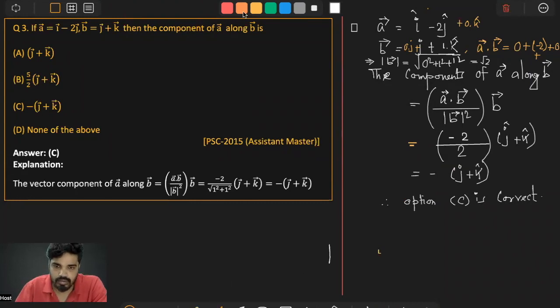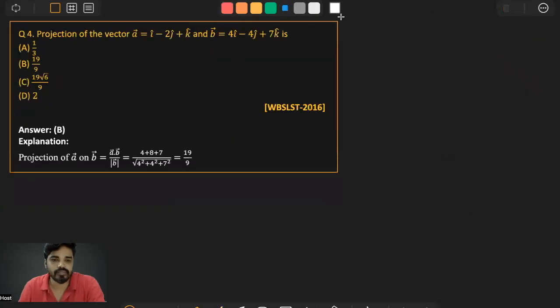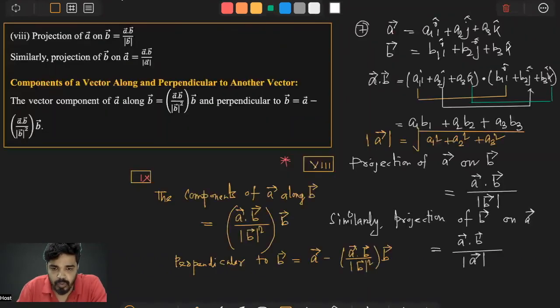So next example. This question was asked in WB SLST 2016. Here, the projection of the vector A on B. Just apply these properties.